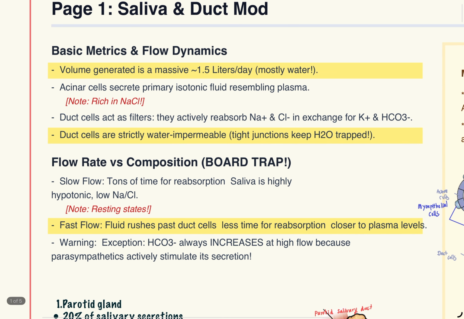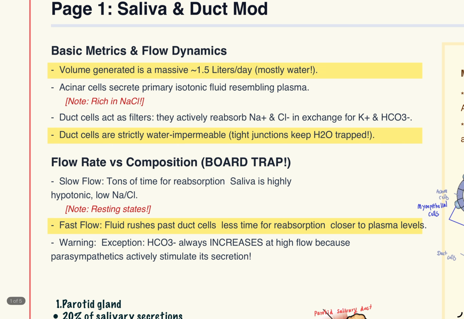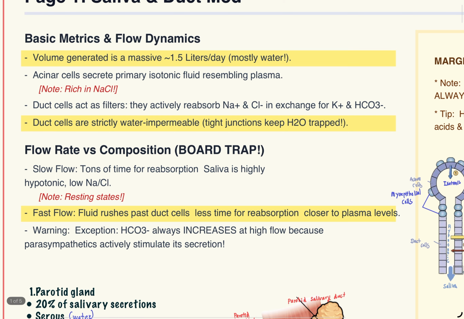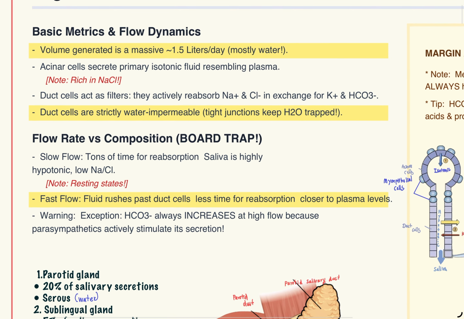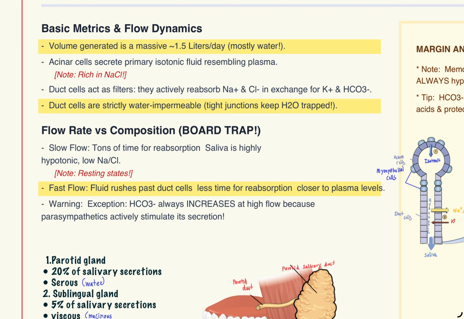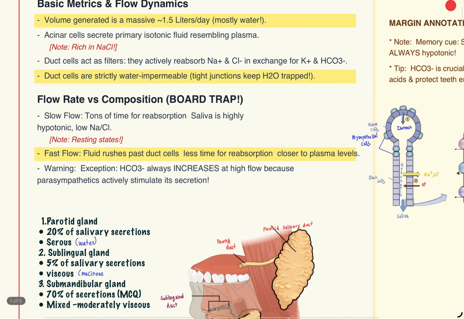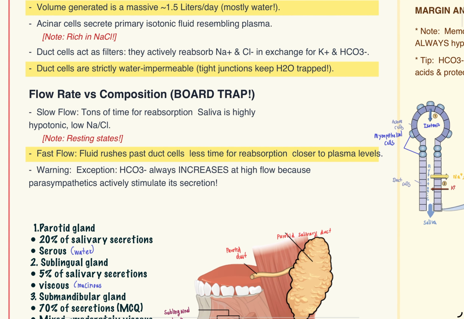So these cells, called acinar cells, secrete a primary isotonic fluid resembling plasma. Ductal cells are filters. They actively reabsorb sodium and chloride in exchange for potassium plus and bicarbonate. Ductal cells are water impermeable, so water can't move through them.